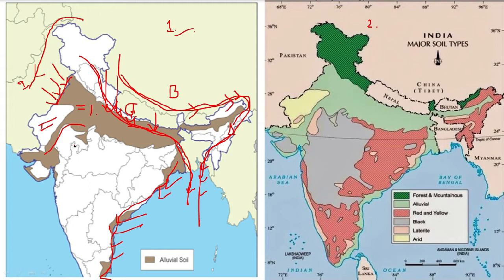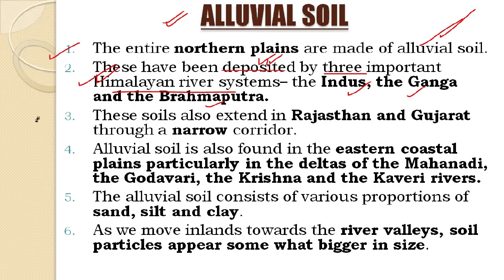Here we are only studying, our main focus is the entire northern plains. Okay. Now let us get back. Students, in the point 3, as we have already studied, these soils also extend in Rajasthan and Gujarat through a narrow corridor. It means through a narrow channel.